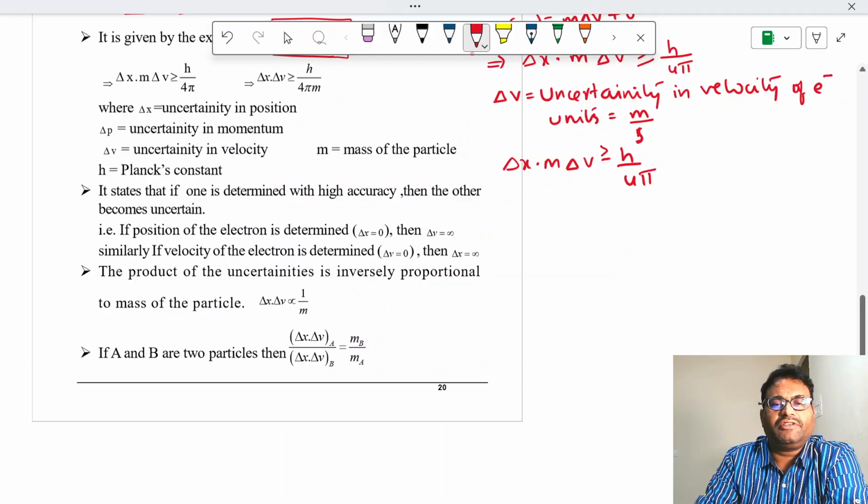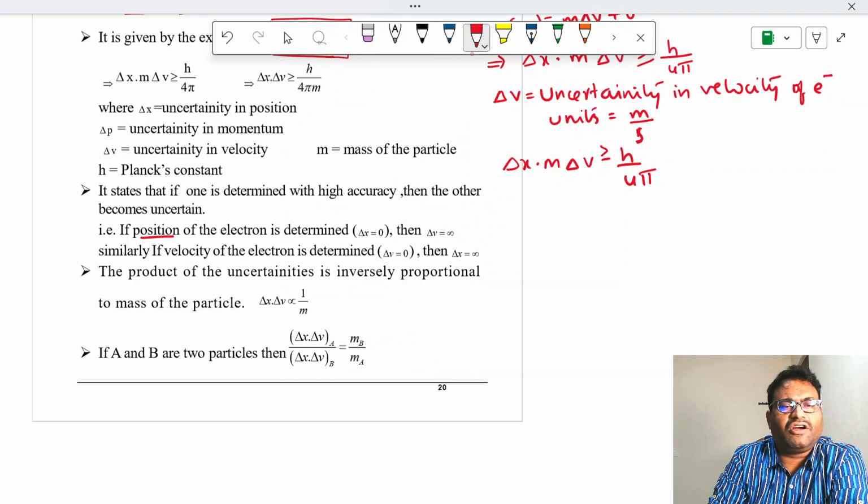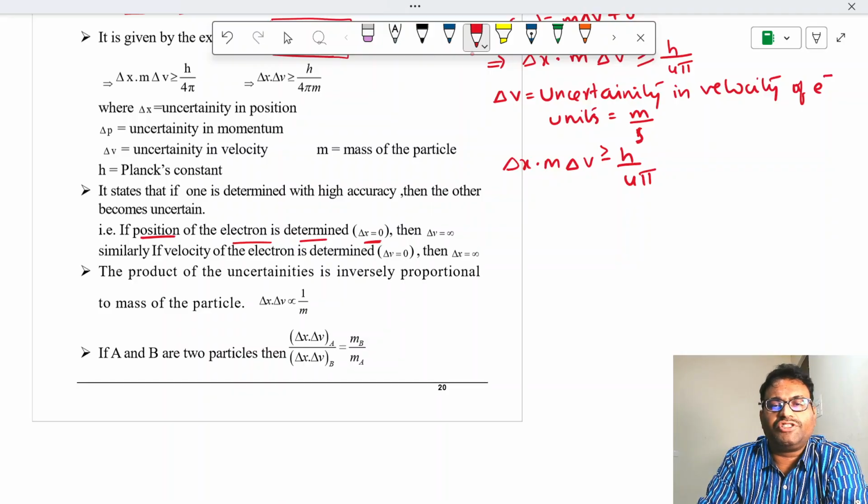For example, if the position of the electron is determined as delta x is equal to 0, so there is some precision, accuracy in the measurement of position.